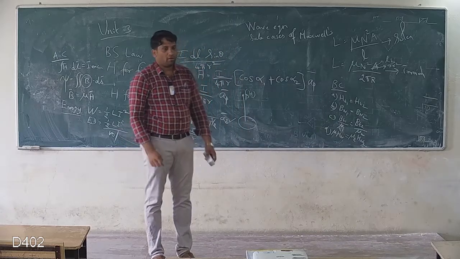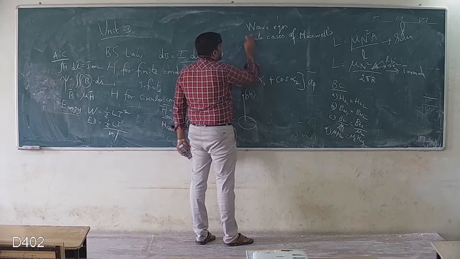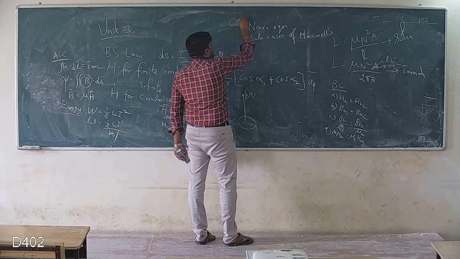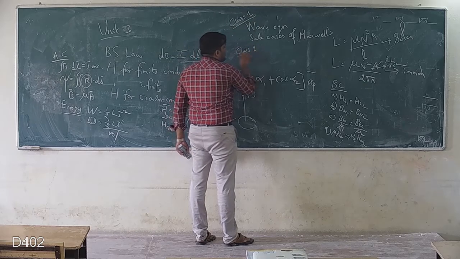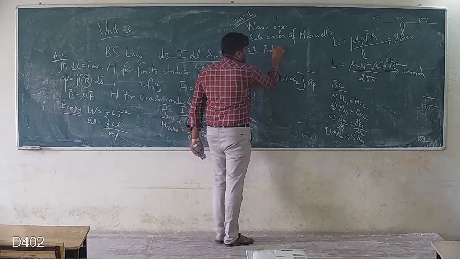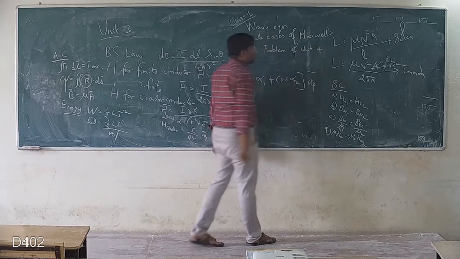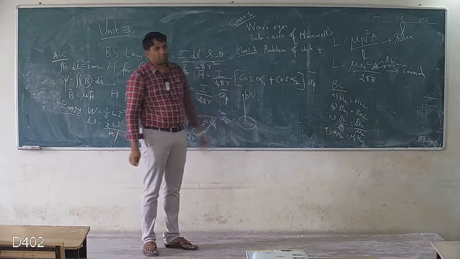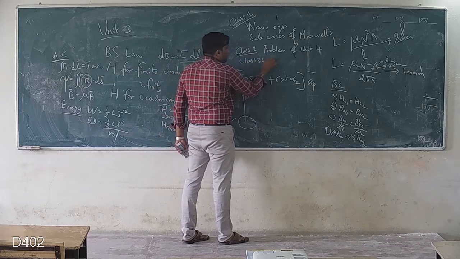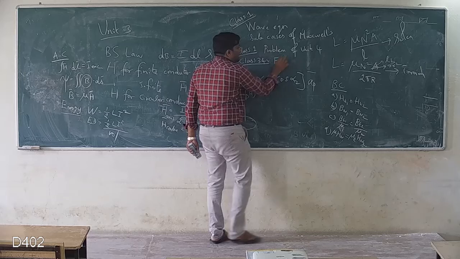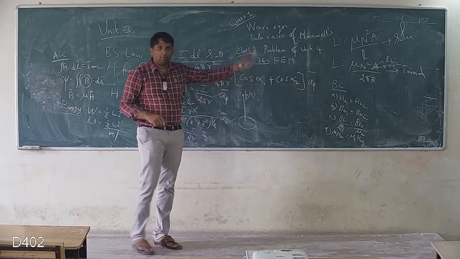That we will substitute. Next in class 2, we will do problems on unit 4. So within a class, we'll try to complete problems on unit number 4. And in class 3 and 4, we will try to complete unit number 5, a chapter which is finite element method. That is our aim to complete.